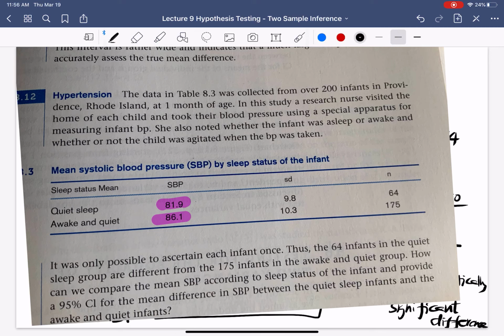So this becomes x1 bar, x2 bar, this is s1, s2, this is n1 and n2. So use this data and find if there is any significant difference.